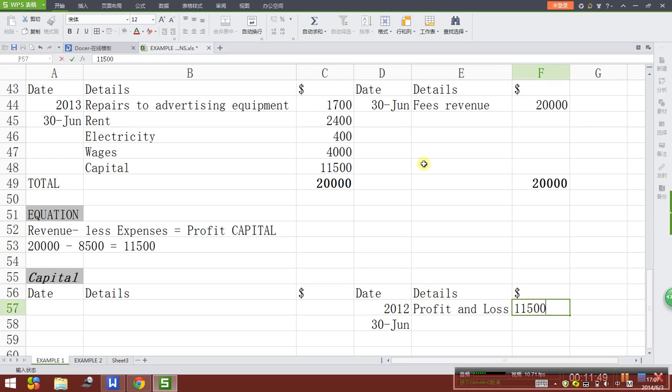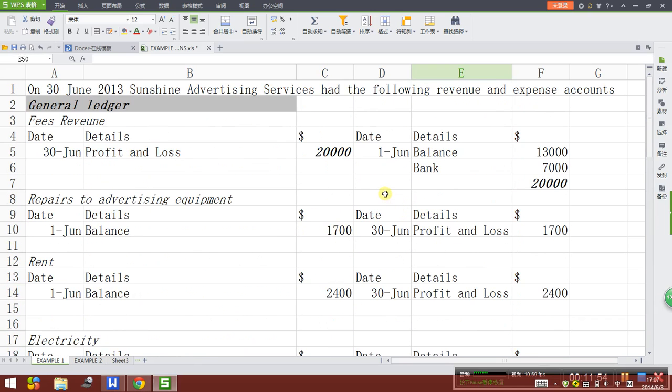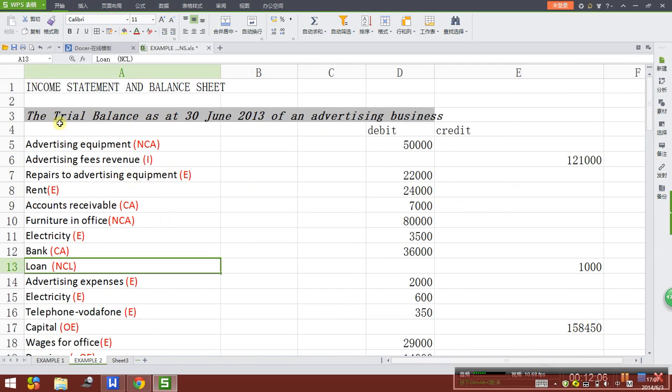So they can see very clearly how to put our figures in different sides, in different places, different accounts. The next part, example 2, is about the income statement and balance sheet. So the question is the trial balance at 13 June 2013 of an advertising business, also a service business.